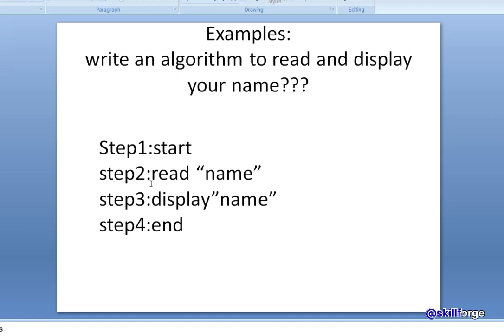Reading is nothing but taking some input, and displaying is nothing but giving some output. In this there is no process because we are not doing any kind of mathematical multiplication or mathematical addition or other operations. We are simply taking some input and printing the same output.